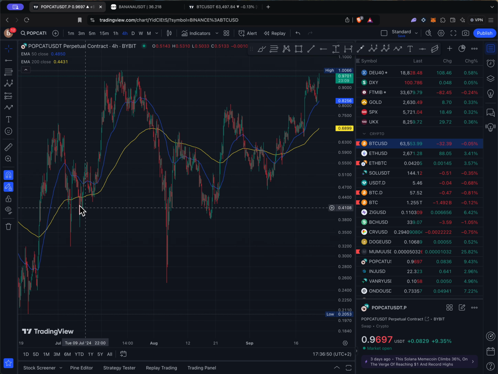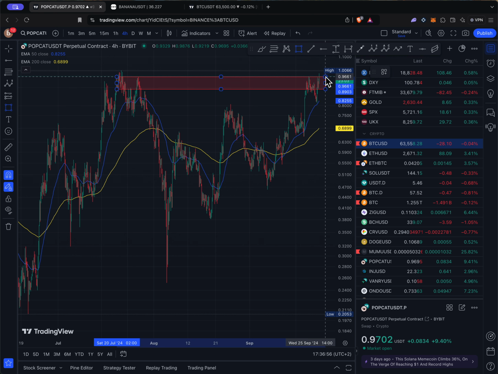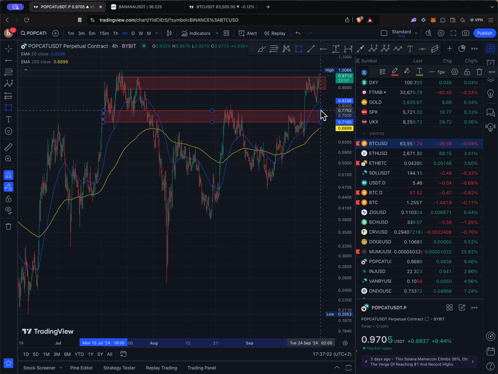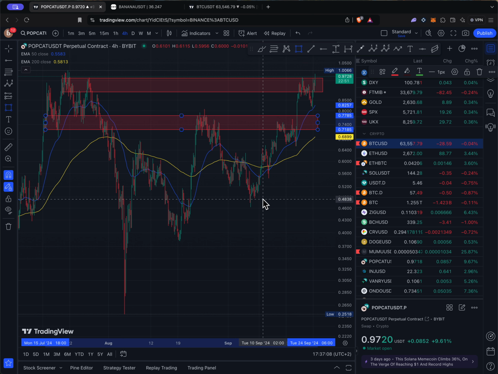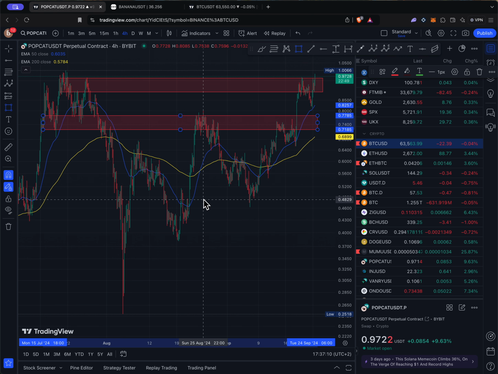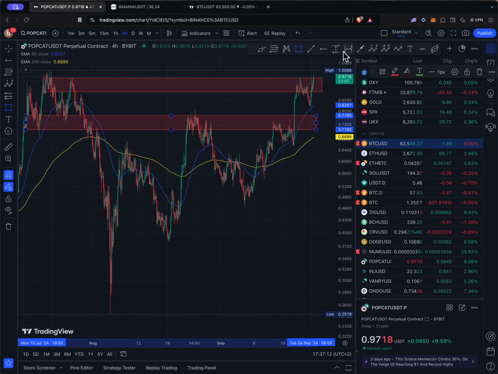Now Popcat had, so this is a liquidity zone. Here we have another one. I'm not going to look for the others underneath, because for now it's pointless. And you see, guys, how it's pushing. This is going to make a new all-time high this week, almost for sure.